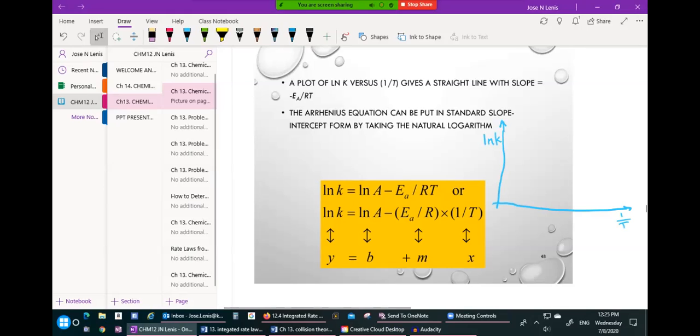Absolute temperature has to be in Kelvin. So how do you get this? What is k? Here, this is lowercase k. What is k? That is the rate constant.